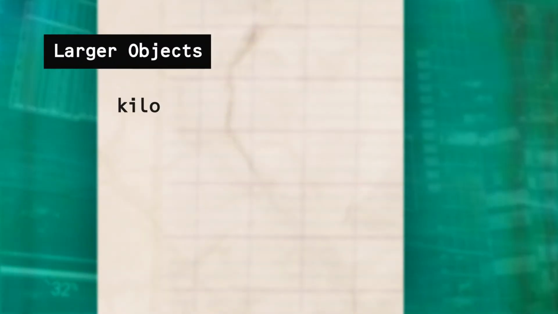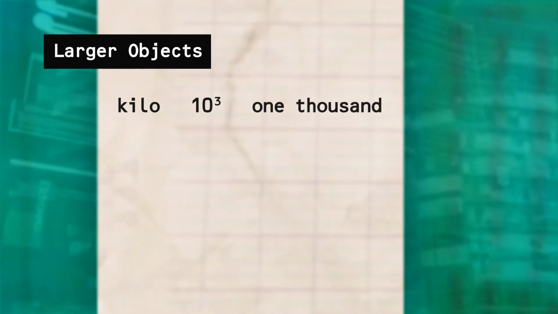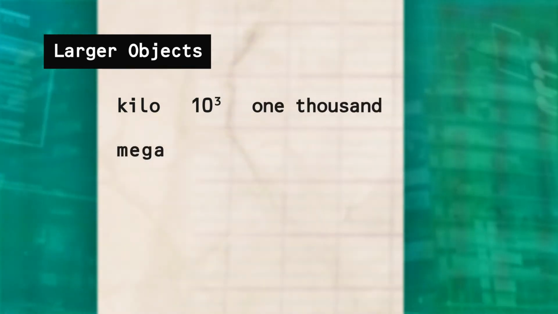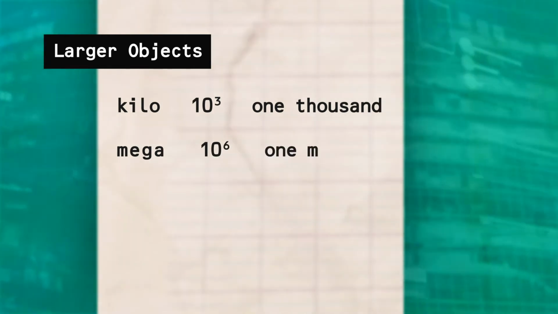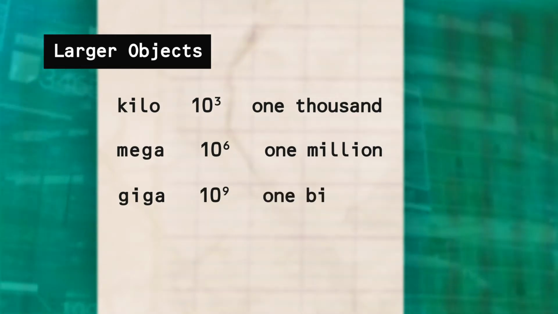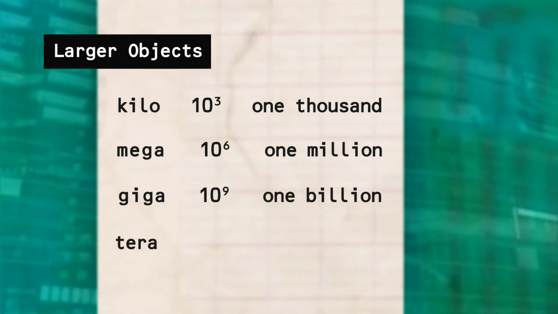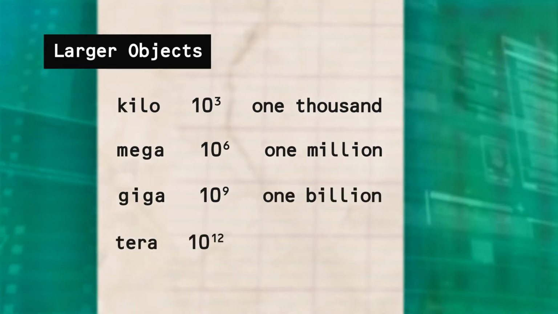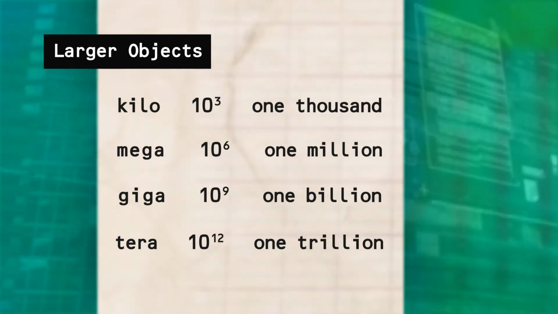For larger objects, there's another set of prefixes. We use kilo to indicate 1 times 10 to the third power, or 1,000. Next comes mega, meaning 1 times 10 to the sixth, or 1 million. Then giga, at 1 times 10 to the ninth, or 1 billion. Then tera, meaning 1 times 10 to the 12th power, or 1 trillion.